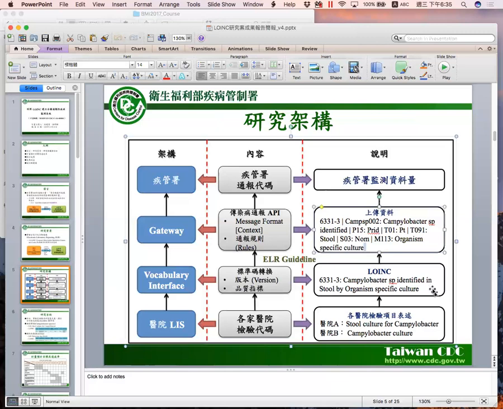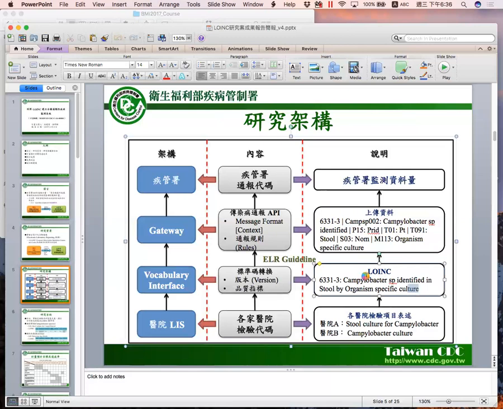You can imagine, because the specimen can be from stool, from urine, but in this case mostly from stool, they have many different variations.